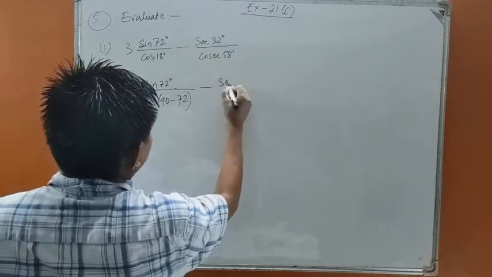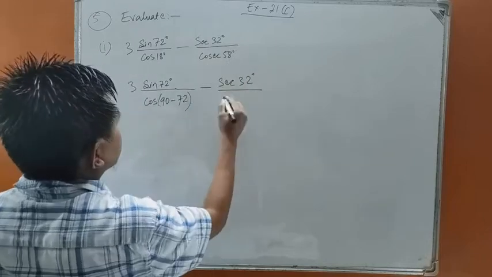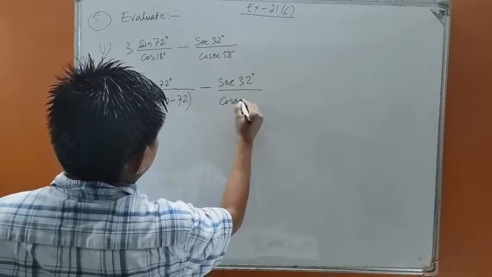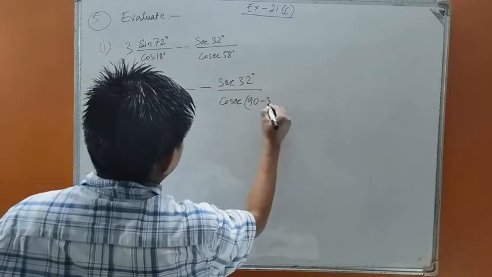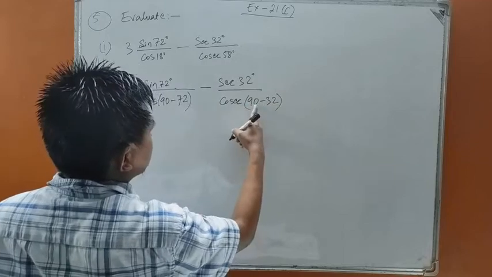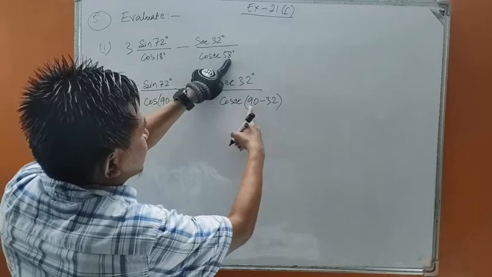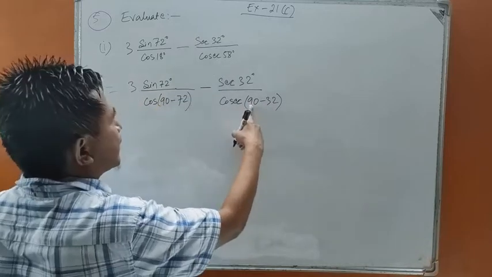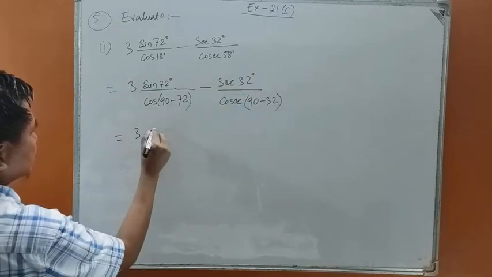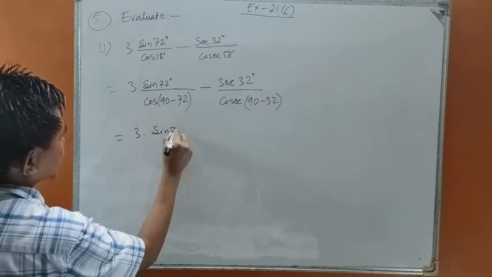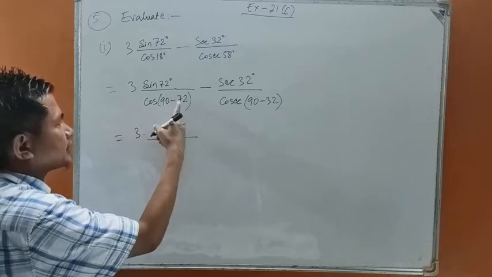Sec 32 I copy as it is. Sec 32 degree upon cosec 58 means cosec 58 means 90 minus 32, isn't it? So 10 minus 2 is 8 and this becomes 8. 8 minus 3 is 5. So 90 minus 32 means 58. So here we have 3 into sine 72 degree in the numerator, and in the denominator we have cos 90 minus theta, isn't it?